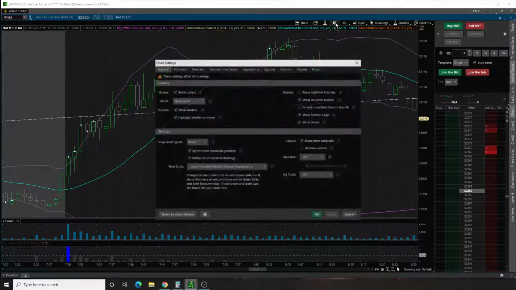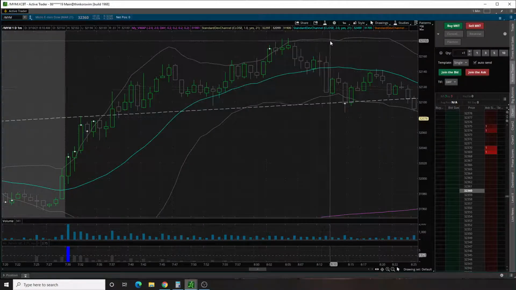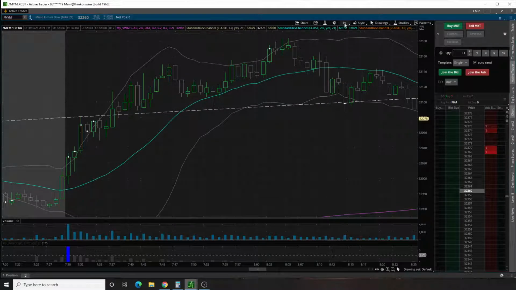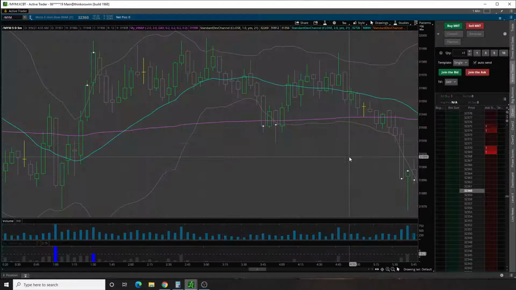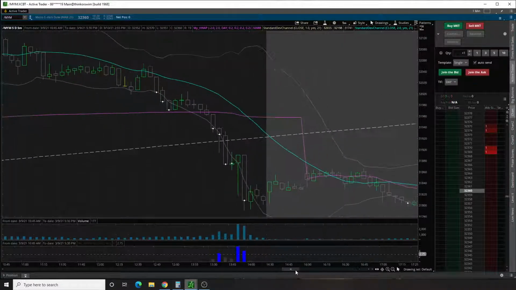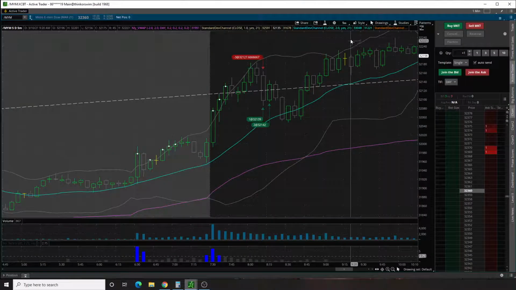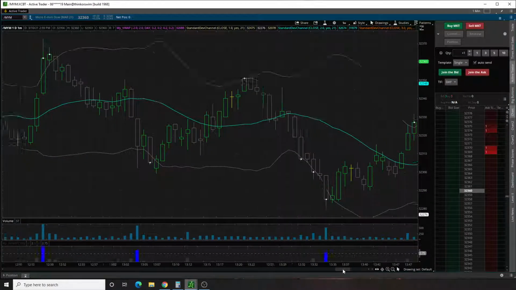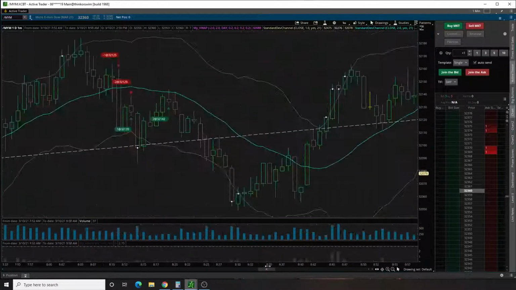Let's see if we get this working. Sometimes Thinkorswim doesn't show my trades. Let's change the time frame. Sometimes I find if you switch time frames, Thinkorswim will then fetch your trade data.